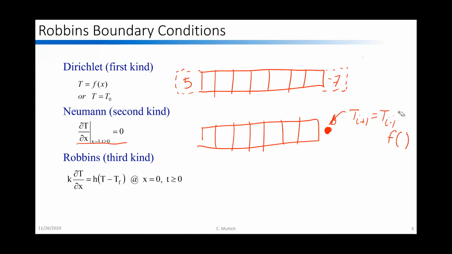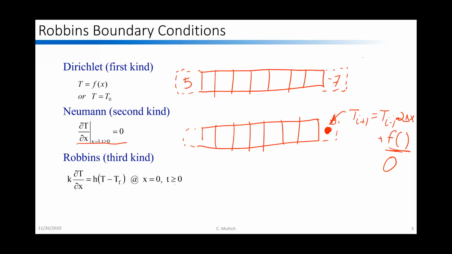Let me correct this really quick: T(i-1) plus 2 delta x times whatever that function is. Then we could do the same thing with that imaginary boundary condition over here. Notice we usually think about this function as being 0, but this could be any other number.